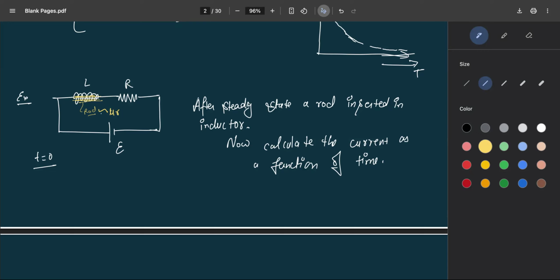In this case, you need to calculate the current in this circuit after insertion as a function of time. So just calculate and let me know the answer.